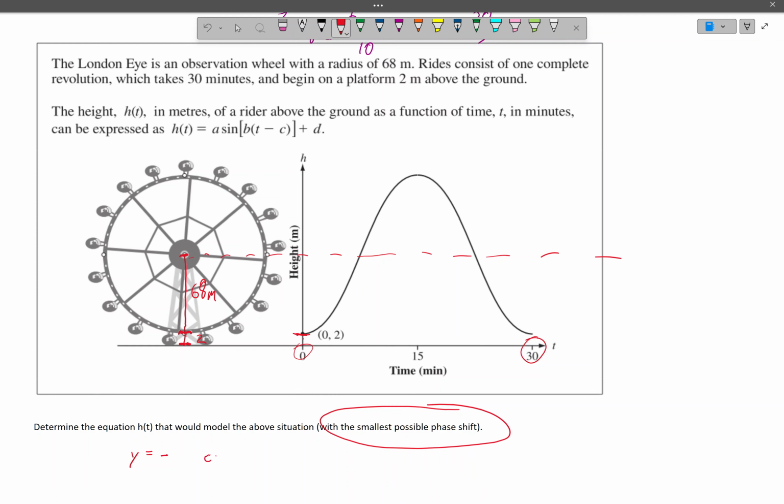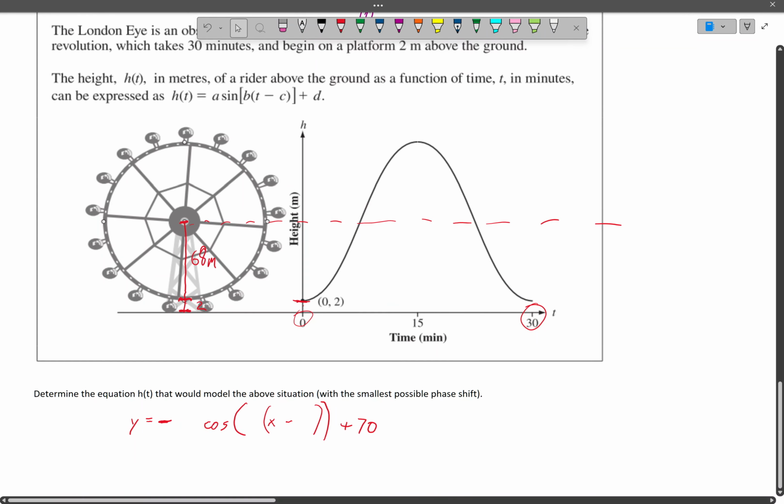To do that, I'm going to have a negative cos, because it's starting at the bottom going up. And so I'm going to go plus 70 like this. Okay, so it looks like it's starting at the bottom going up, and so cos normally starts at the top coming down. So if I do a negative, it just flips that.